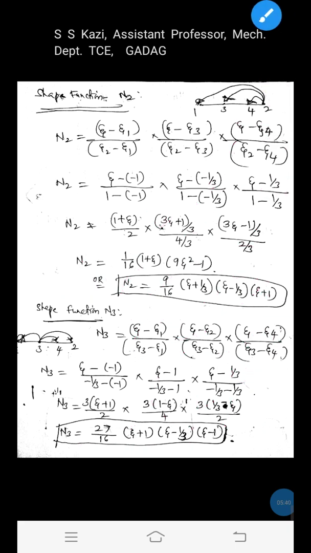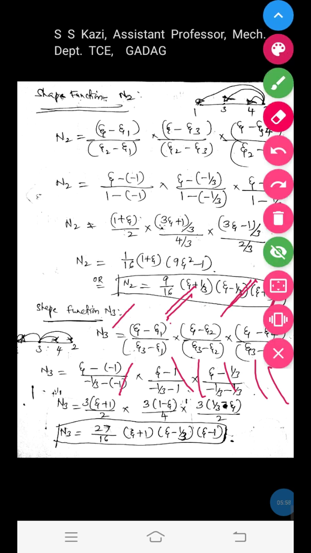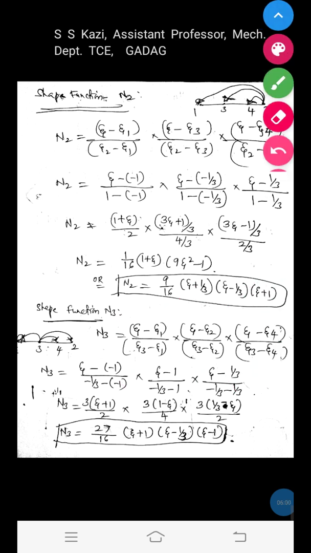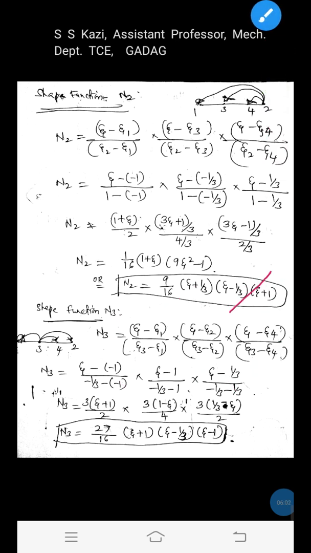Now I will write N3 is equal to (zeta minus zeta 1) divided by (zeta 3 minus zeta 1), (zeta minus zeta 2) by (zeta 3 minus zeta 2), (zeta minus zeta 4) divided by (zeta 3 minus zeta 4). Here i ranges over 1, 2, 4 and k is 3 only: zeta minus zeta i divided by zeta k minus zeta i. By using that formula we wrote the N3 expression.